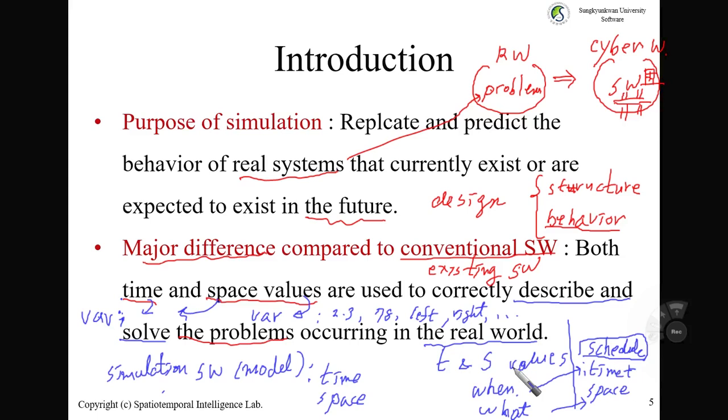Okay? Then you may wonder why we are not doing it this way from the beginning. There are two different reasons. First, it takes too much time. That means too much computation time is required. Computer computation may be too slow.